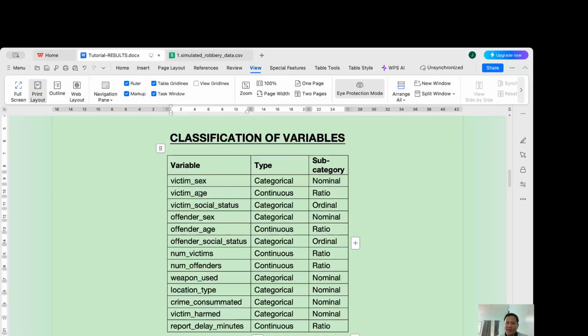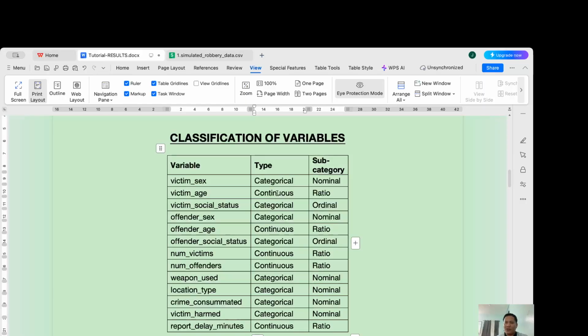How about age? It is a continuous variable, and in particular, it is a ratio variable because it has a definite zero, as in zero age, and up to a certain age.